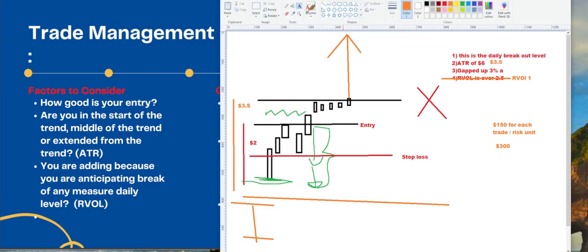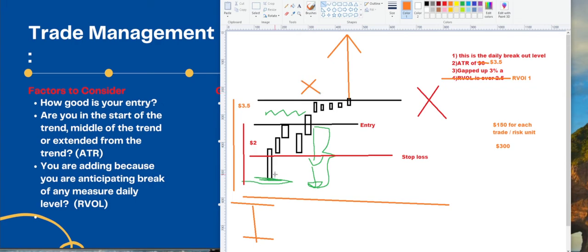And we can say the gap is still 3% and the daily breakout level is there. So now we have the daily breakout level and a 3% gap, but we don't have the R Wolf and we don't have the ATR. So in this case, even though it is a very small consolidation, just by changing these two factors, I would not add to this trade.